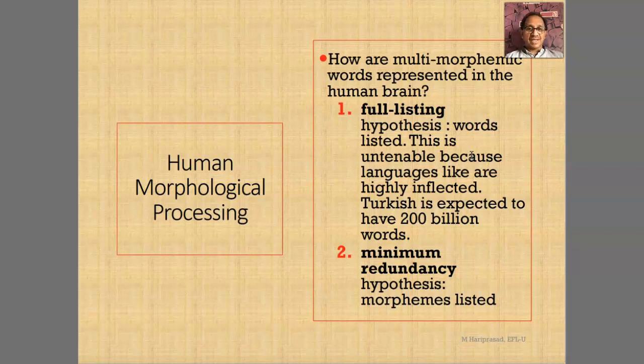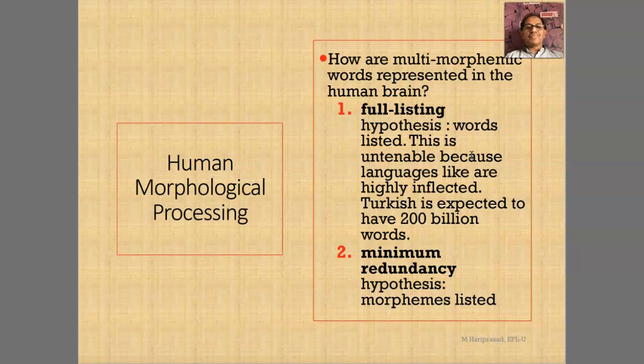Instead, if we say the human brain stores stems and then the affixes, and there are rules which combine affixes with the stems, that is, we are reducing the redundancy. That is, each stem is stored only once. We are not repeating it.